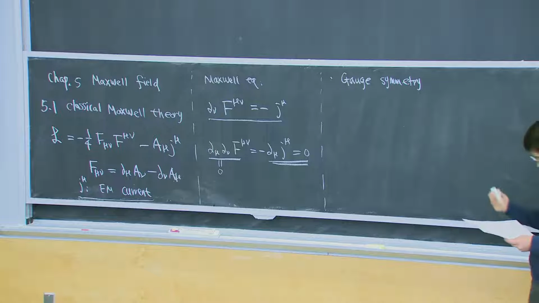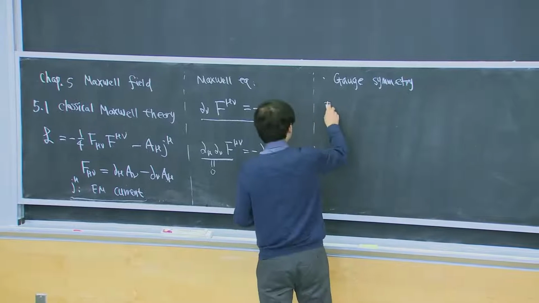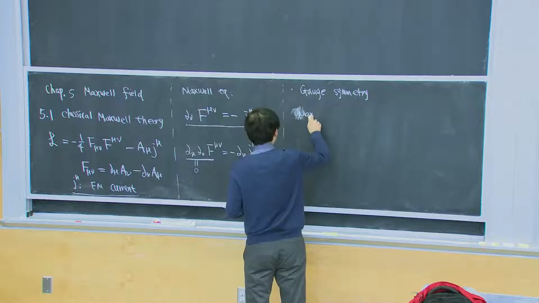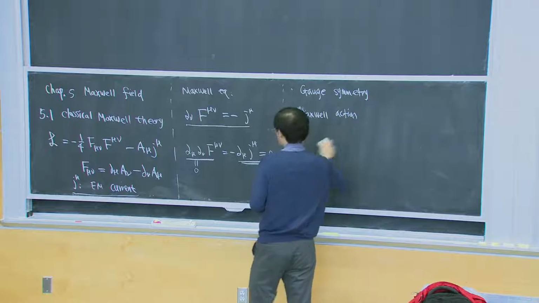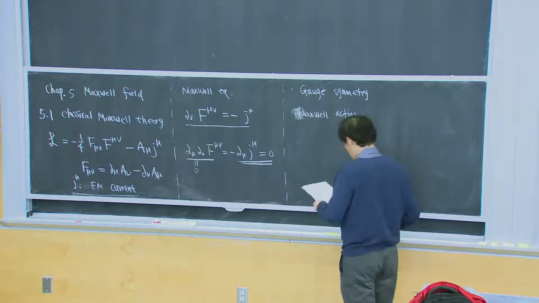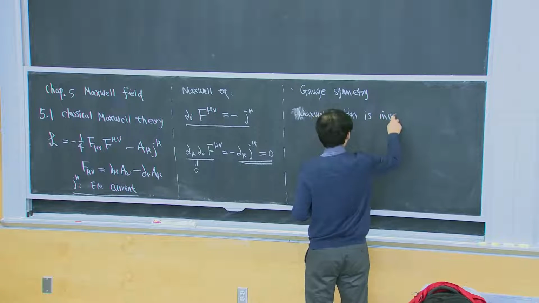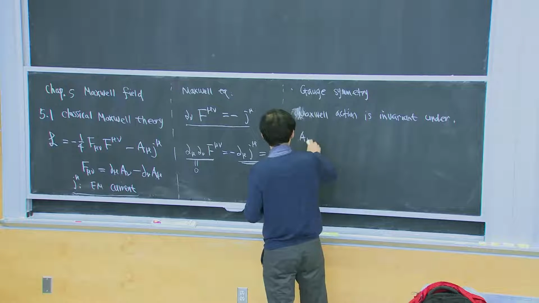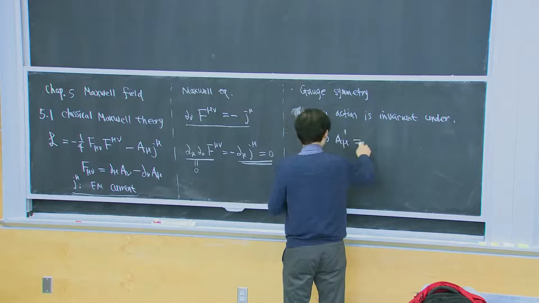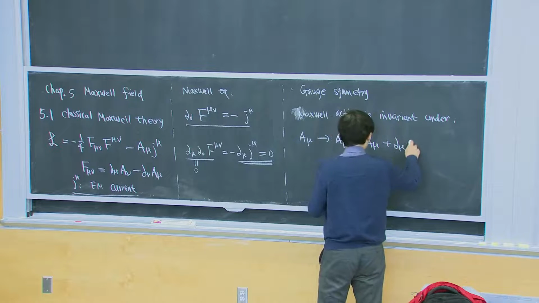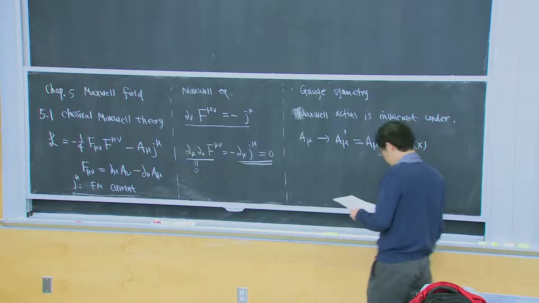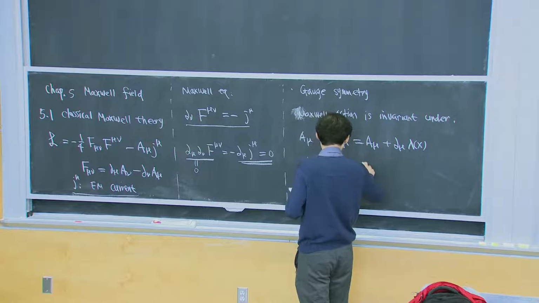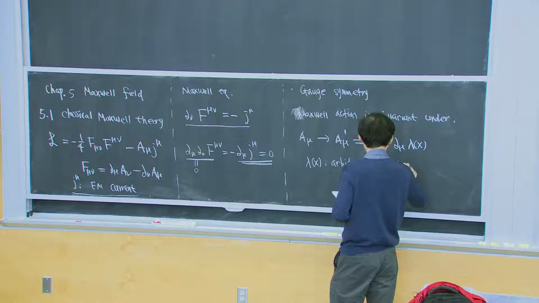Both the action and the equation of motion are invariant under the following transformation, where you integrate the Lagrangian over full space-time: A mu goes to A mu prime equal to A mu plus partial mu lambda of x. Here lambda of x is an arbitrary function of space-time coordinates.